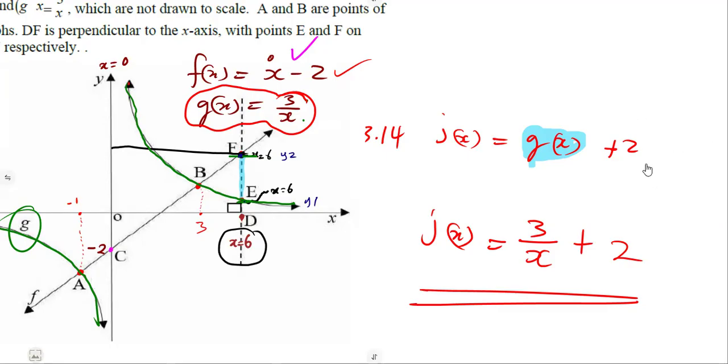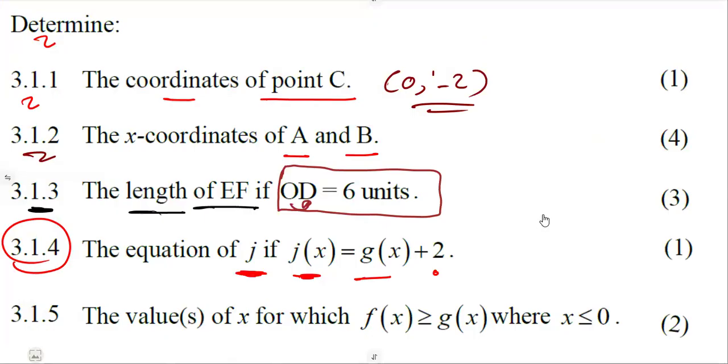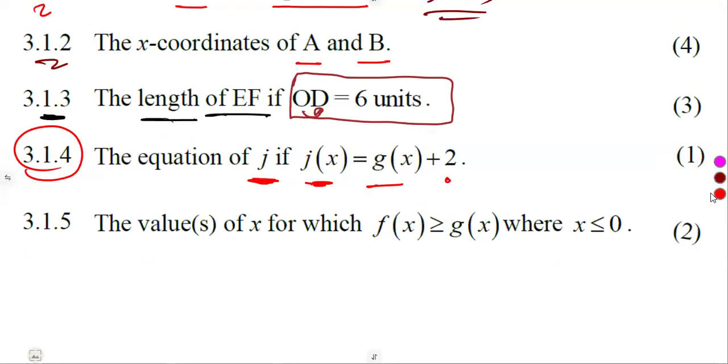All right. Another question. On this question, we must be very careful. 3.15, the values of x for which f of x is greater than or equal to Gx. I talked about this, guys, when a function is bigger than another one. It simply means f of x is above.